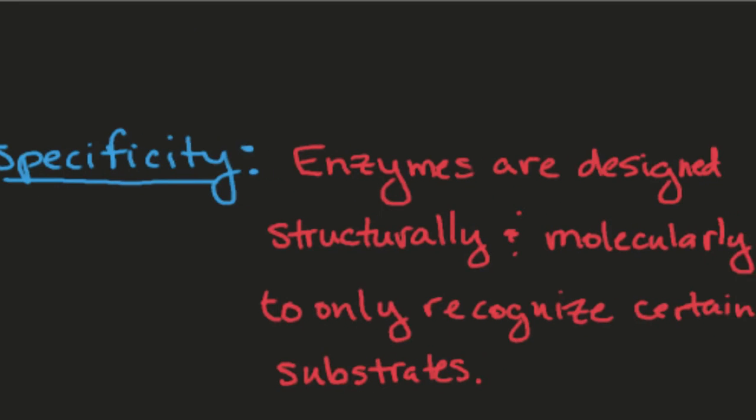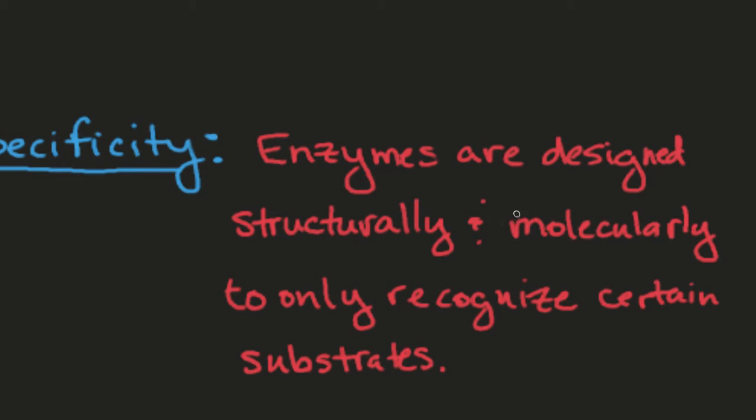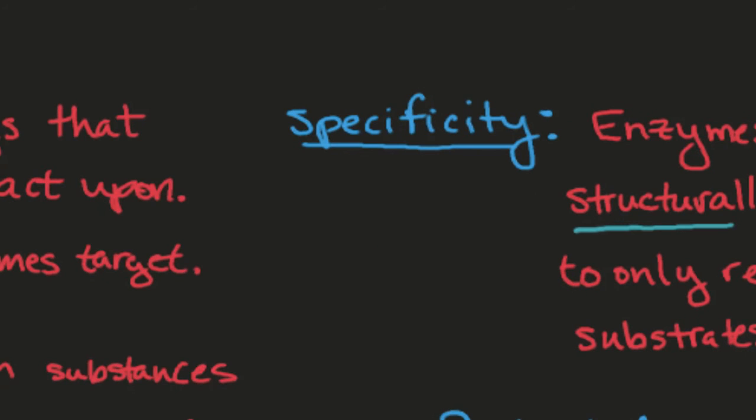Specificity has to do with the fact that the enzymes are designed structurally and molecularly to only recognize certain substrates. Otherwise, it'd be total pandemonium and everything would be catalyzing reactions for everything else.